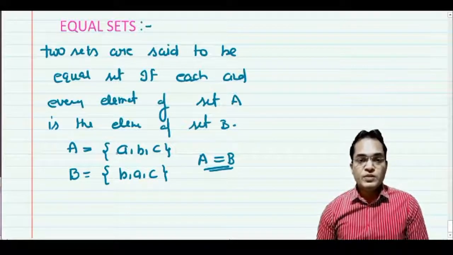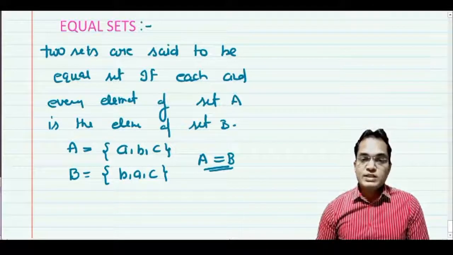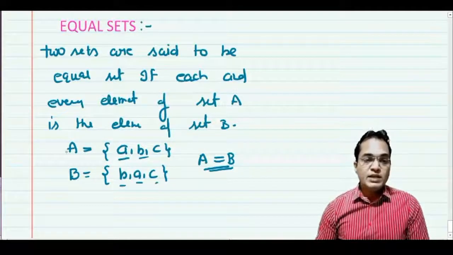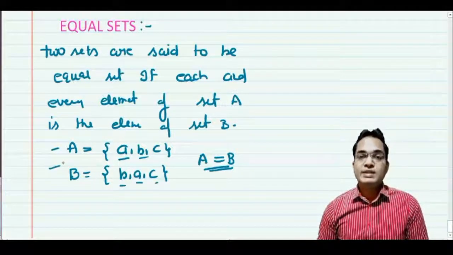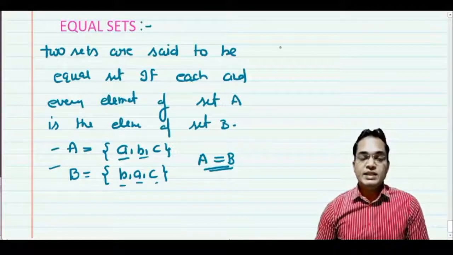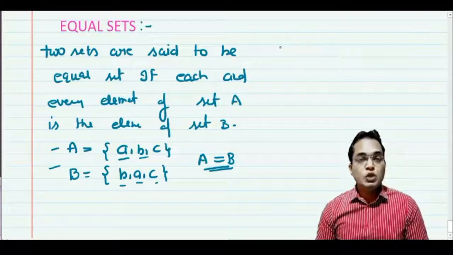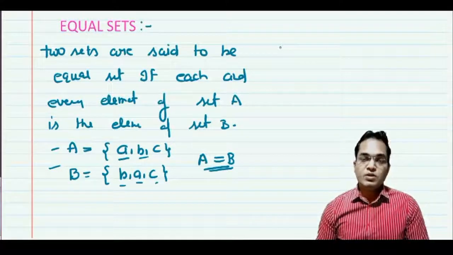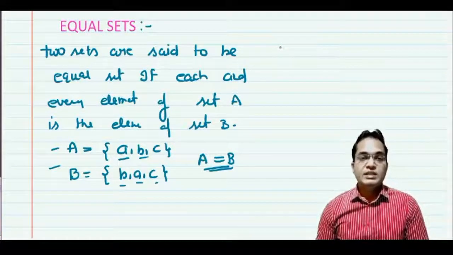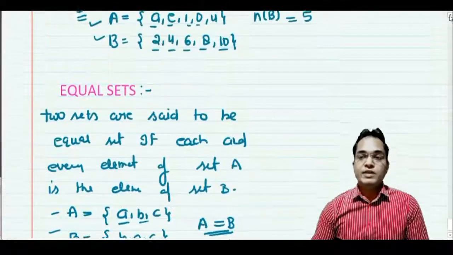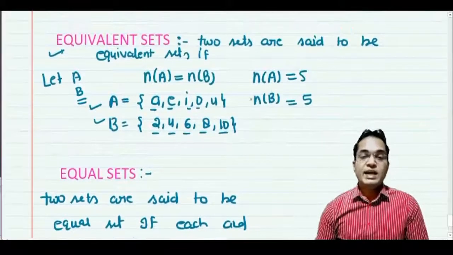As we know, to represent a set, order is not important, so abc or bac, order doesn't matter. That's why A and B are called equal sets. They are totally equal in their elements. Then the sets are called equal sets. This is the basic difference between equal sets and equivalent sets.